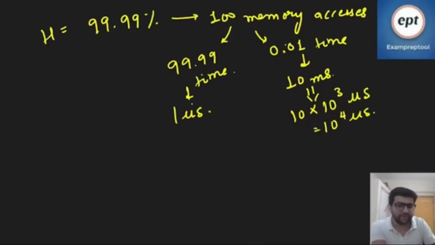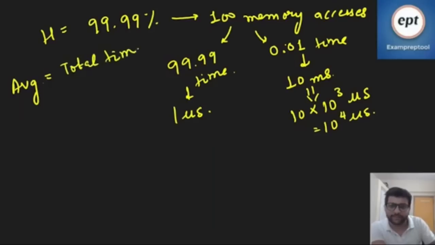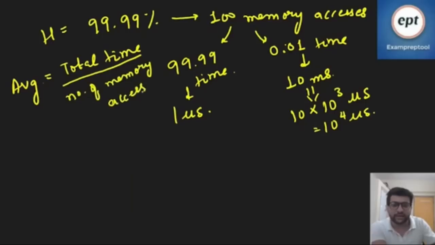Whenever we see the term average, we know that average is equal to total time divided by the number of memory accesses. So how can we calculate the average?